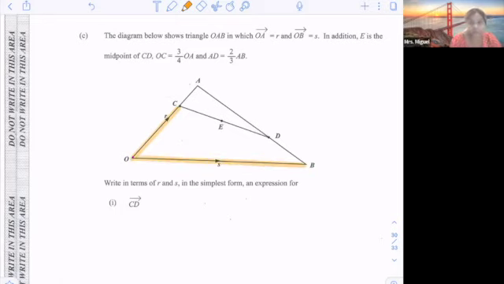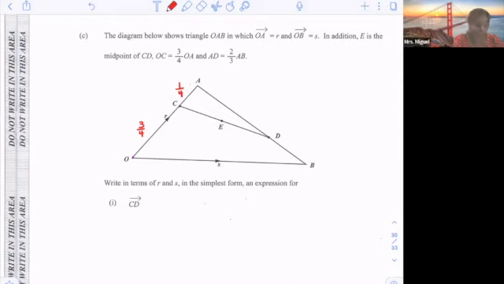So we see those, right? In addition, E is the midpoint of CD, right? And OC is 3/4 OA. So if OC is 3/4 OA, therefore this part here is a quarter, because 3/4 plus a quarter will give us a whole. You all understand that?